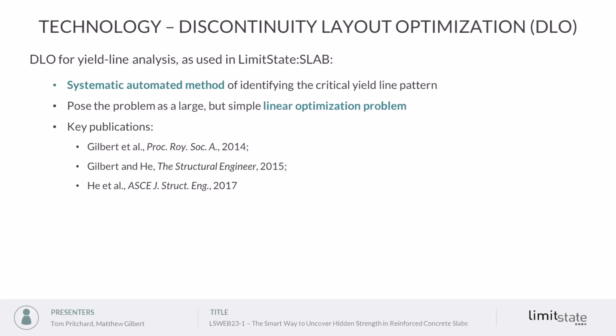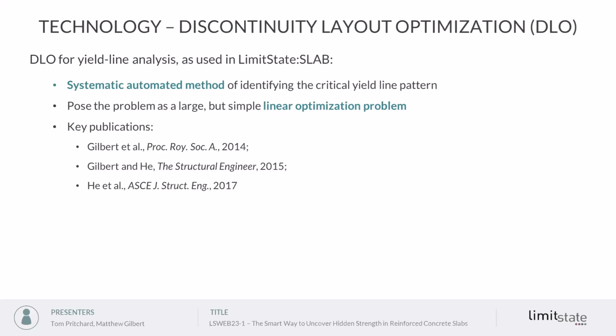So the way we've addressed that is by systematically automating the yield line method via a technique that we've coined discontinuity layout optimization. And with discontinuity layout optimization, or DLO for short, there's no need to work through a series of predefined mechanisms.